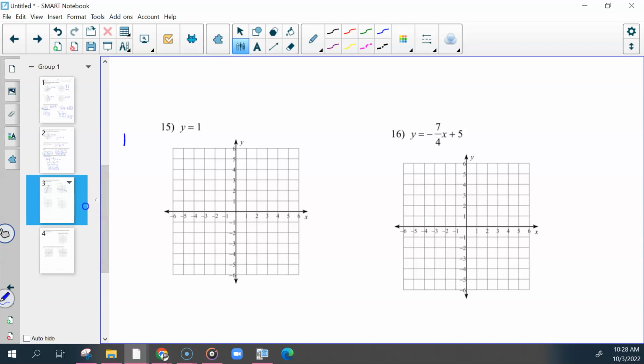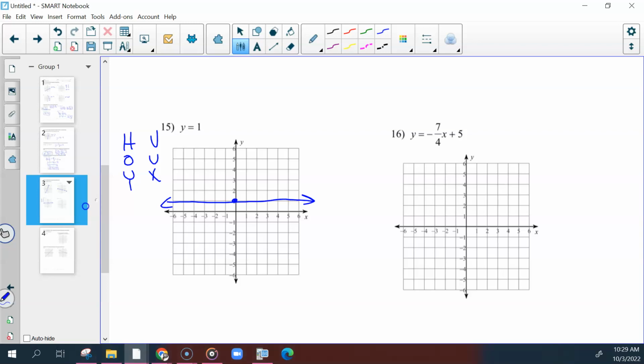For 15, this should have been a horizontal line, so put a point at this value, 1, and draw a horizontal line through it. Some of you did a vertical line at 1, which was the opposite of what you should have been doing. So just try to keep those separate.